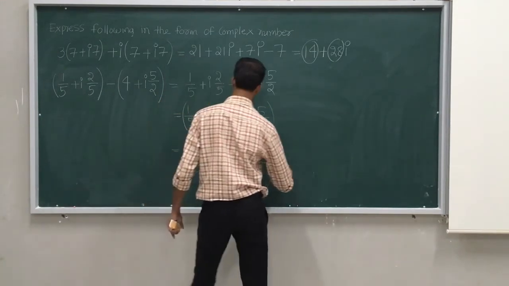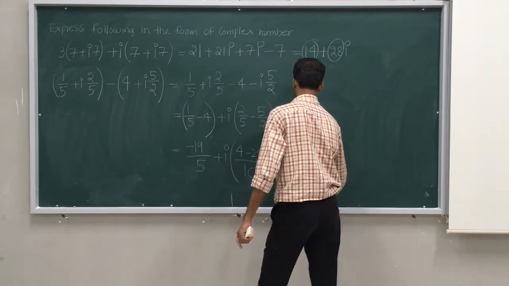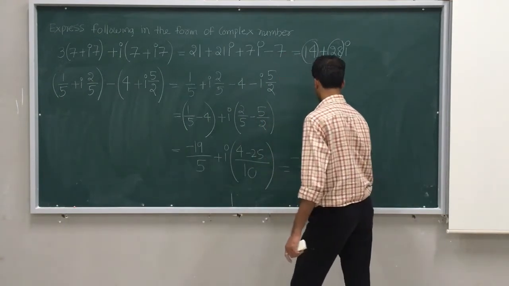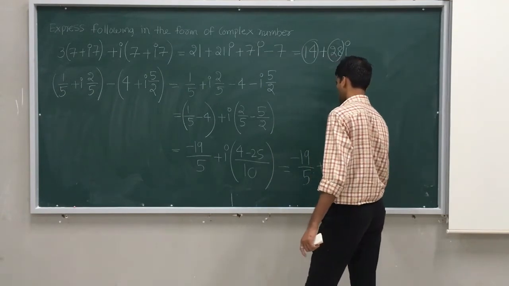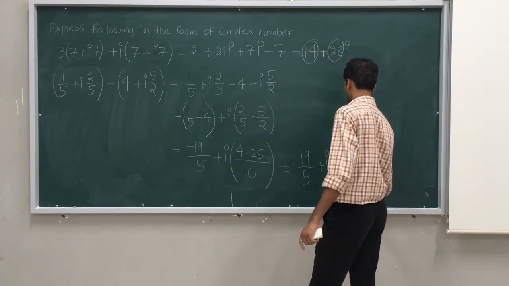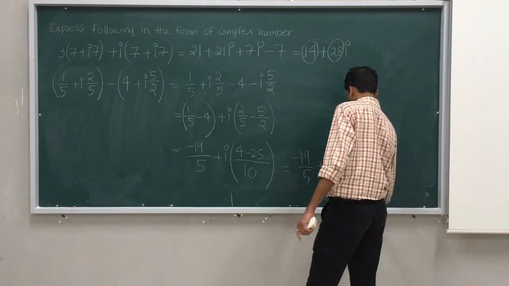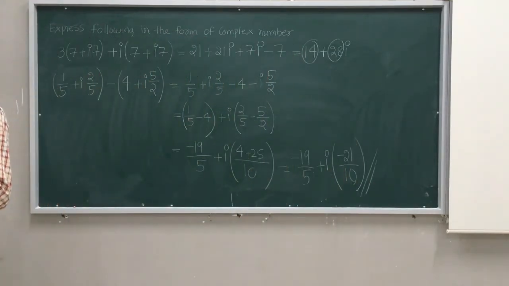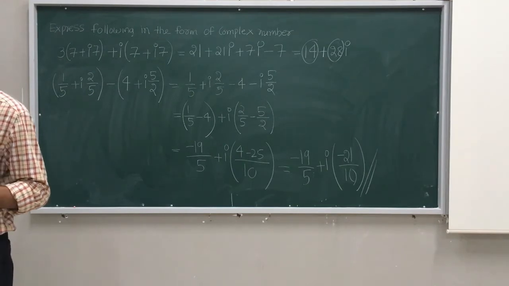When you simplify it, you will get minus 19 by 5 plus i times minus 21 by 10. This is the simplified answer of this particular question.